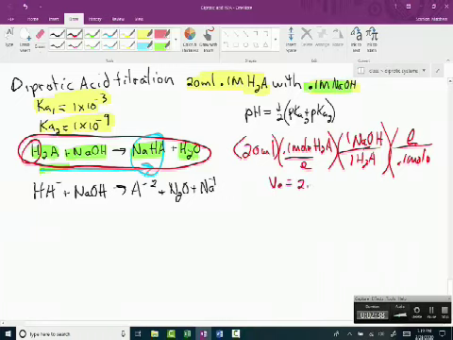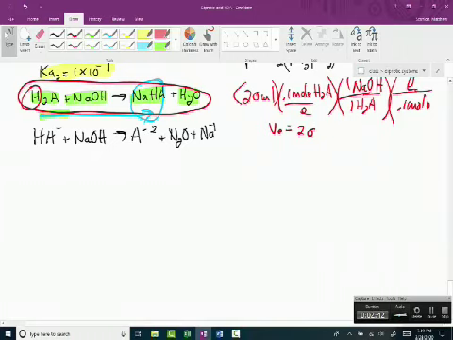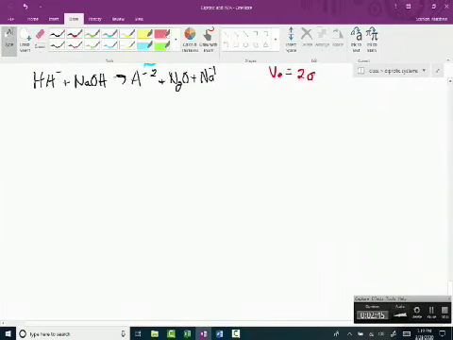Volume equivalence is 20. So now I'm able to make a chart. That's your first step: find the first equivalence point. So I'll make a chart, and here we go.